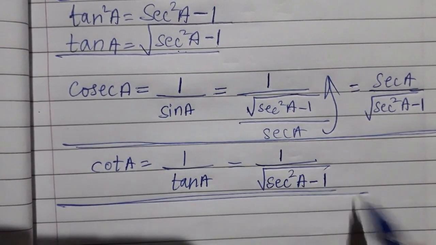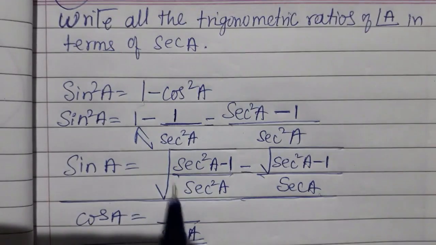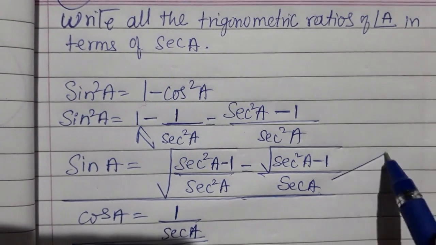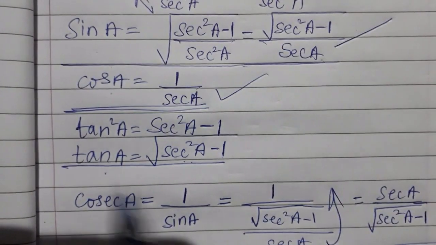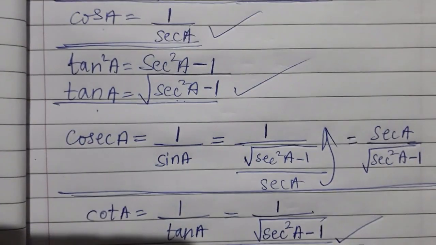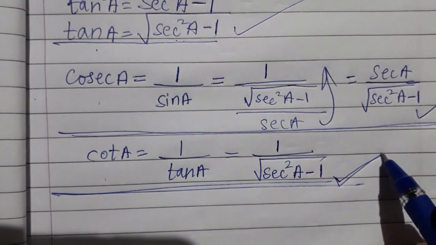So I got cot also in terms of secant. So we got sine in terms of secant, cos in terms of secant, tan in terms of secant, cosec in terms of secant, and cot in terms of secant.